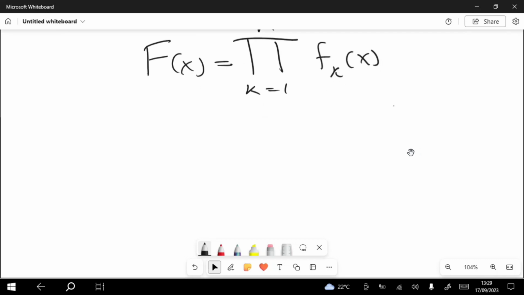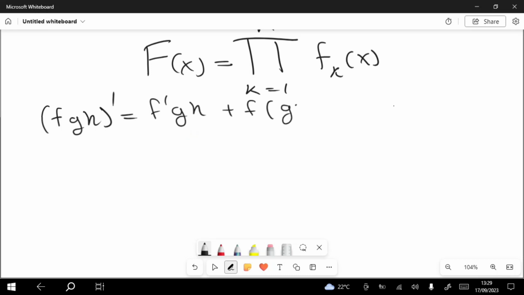So now we'll take a look at, for example, the product rule for 3 terms. Let's just say f, g, and h prime. So we'll use the product rule for 2 functions, then expand it, okay? So it's going to be f prime times g times h, no need for the parentheses, that's redundant, plus f times g times h prime.